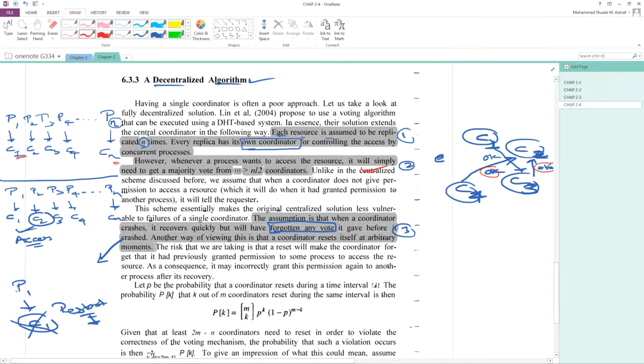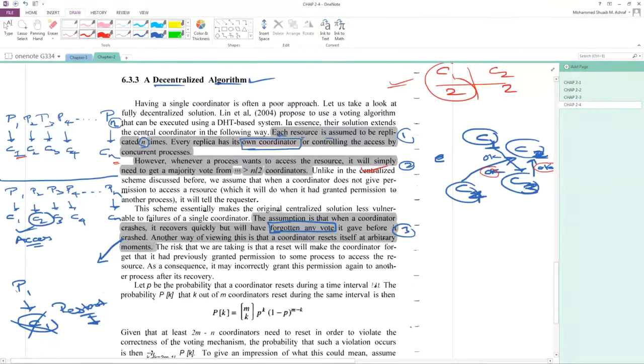Number 3. If they are tied, then what will happen? The first process accesses first. Let's say there is a tie between C1 and C2, that is, C1 has 2 and C2 also has 2. Then immediately C1 will access, number 1 will access, because it was created first.